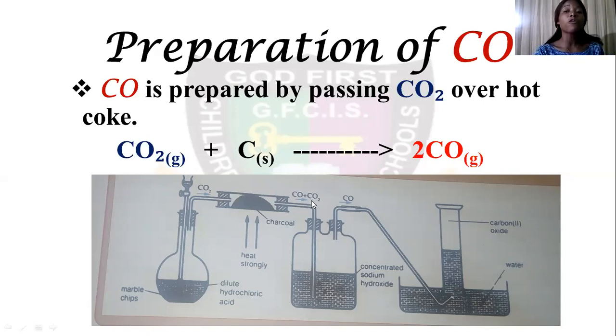Some of the carbon dioxide will still be present in the reaction, so to remove it, concentrated sodium hydroxide is used. You now have your carbon monoxide as your product, and it is collected over water.